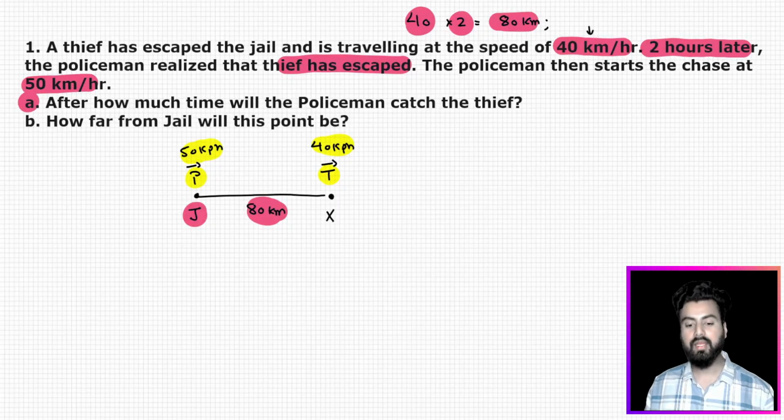So what I'm trying to ask you, after how much time would the distance between the two be 0 kilometers? This is what we are trying to calculate. So guys, please focus.